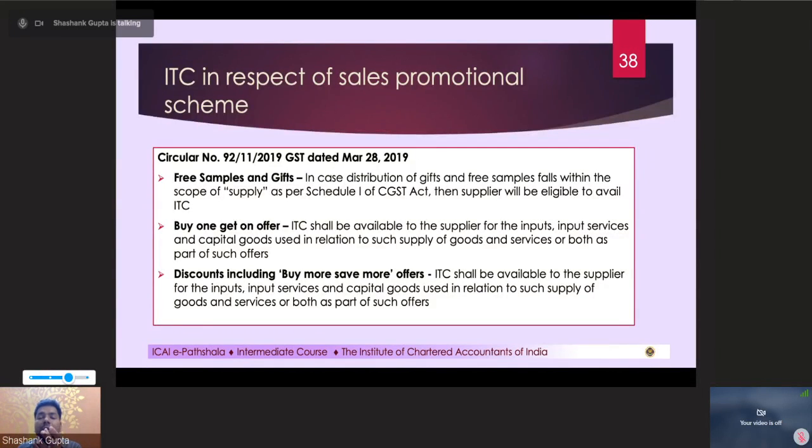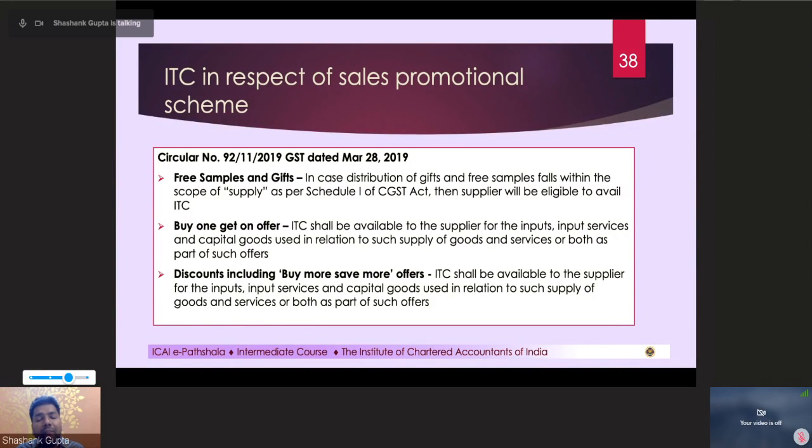Now they say paste plus toothbrush at the price of toothpaste. That is what the law is saying here: a buy one get one offer is nothing but 2 things being supplied at the price of 1. And because that is completely the right of the assessee, the entire input tax credit shall be available.